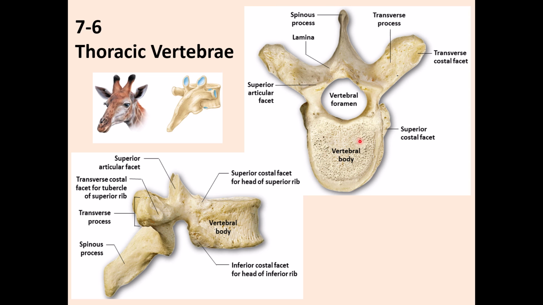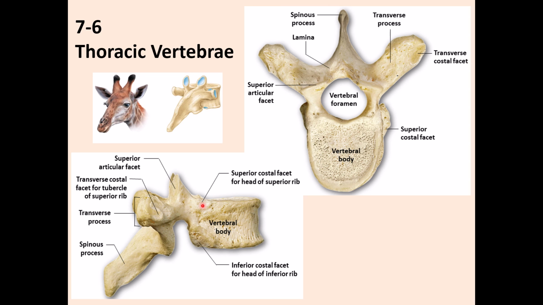So the vertebral body is located anteriorly. The vertebral body contains specific articular facets here. This is called the superior costal facet, and this is the inferior costal facet.